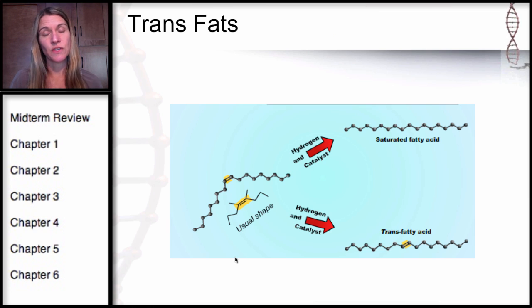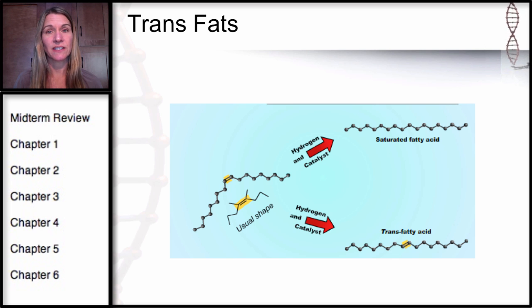Now, trans fats. We know that these are unhealthy. These are trans fats that are created during processing in order to stabilize an unsaturated fat to give it a greater shelf life. That's how manufacturers give foods a greater shelf life, by hydrogenating unsaturated fats.